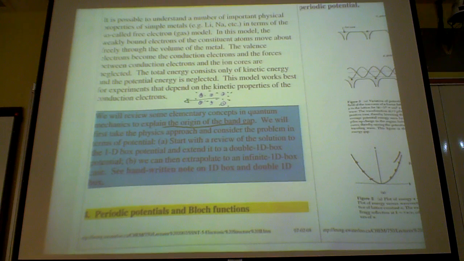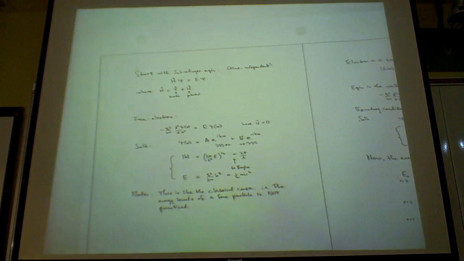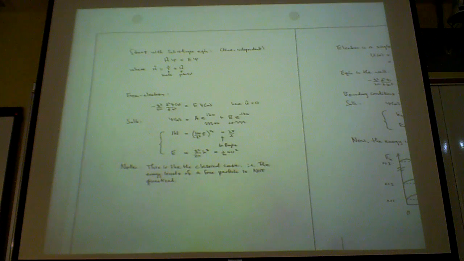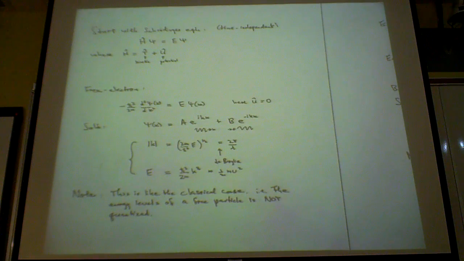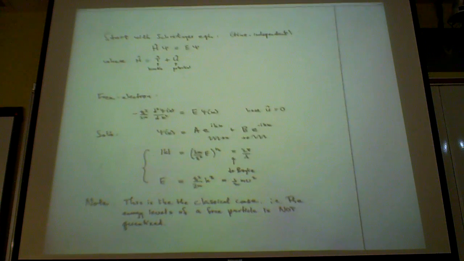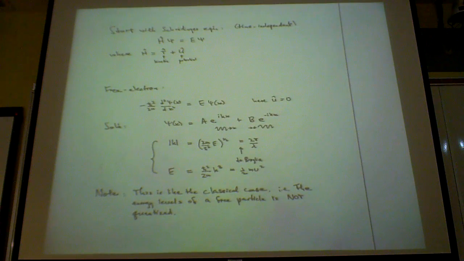So I'm going to break away and talk a little about this quantum mechanics picture on these handwritten notes that I have. So let me see how I can follow this. If you have problems understanding it, don't worry too much about it.